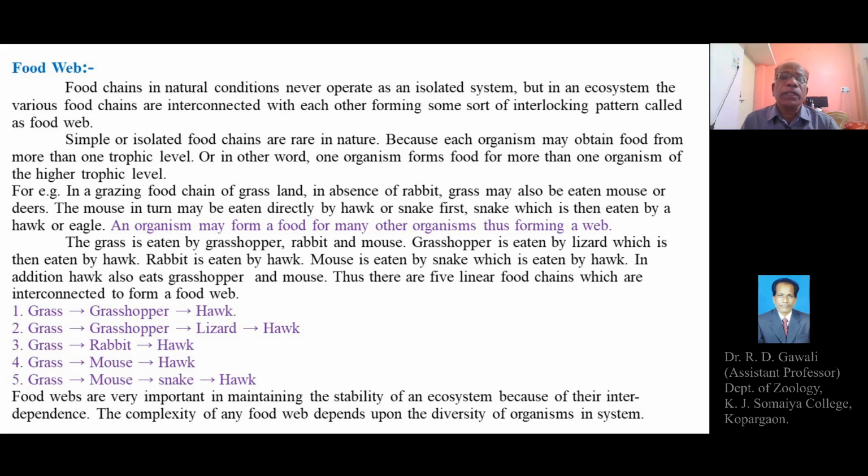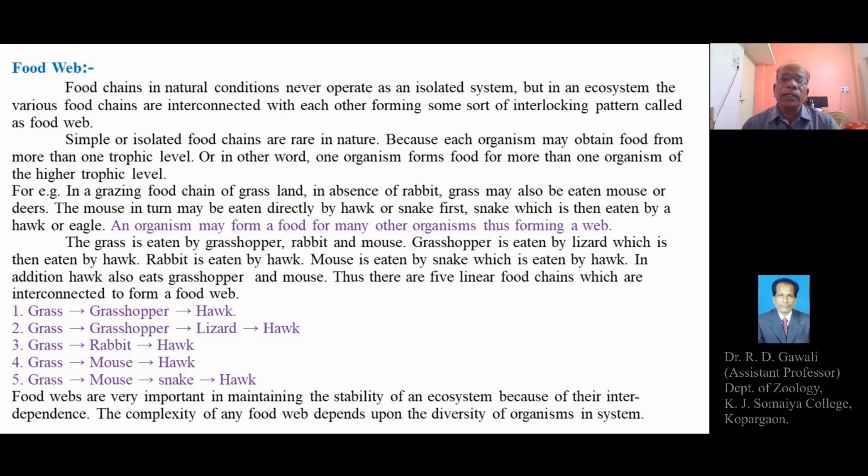Then the second type we have explained is the detritus food chain, and the detritus food chain starts with decaying organic matter as a first feeding level or first trophic level. As in the grazing food chain, the plants or the producers or the grasses serve as the first feeding level, in a detritus food chain, dead and decaying organic matter derived from plant and animal origin is consumed by smaller invertebrate organisms like bacteria, fungi, or protozoans, which are feeding on the detritus.